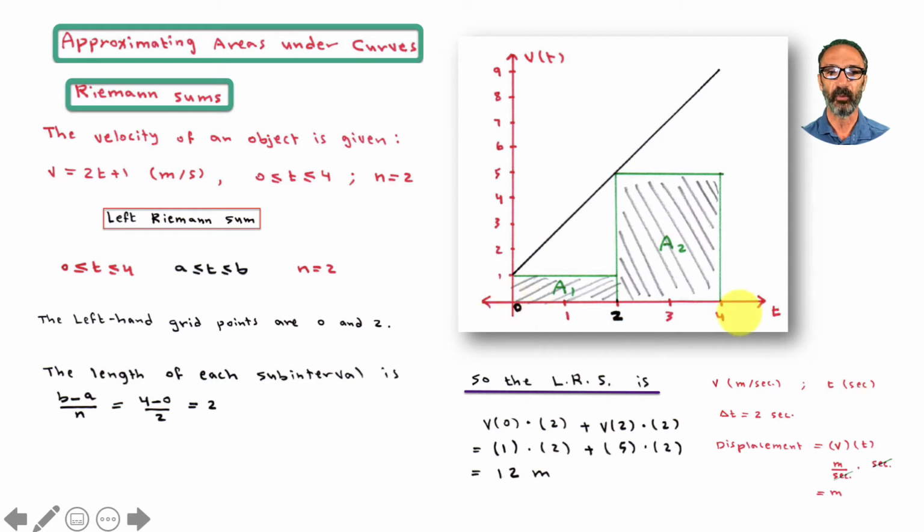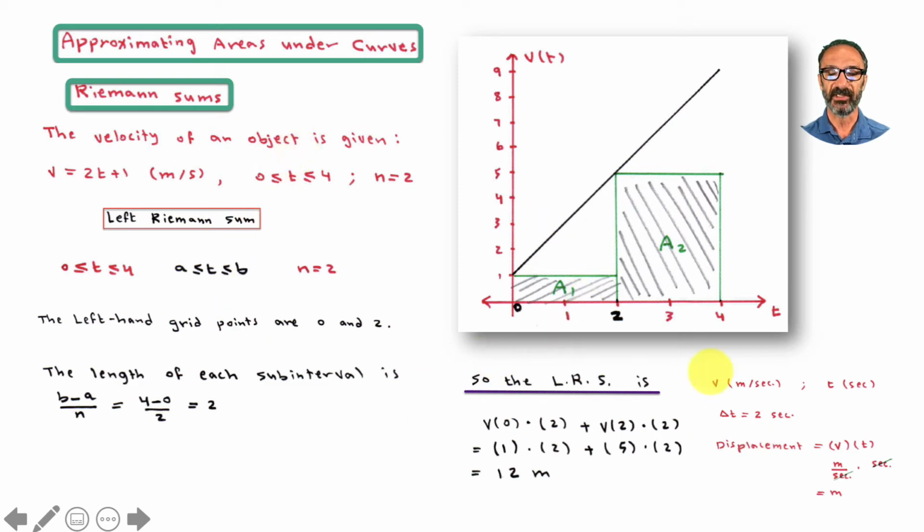When you multiply base times height, you're multiplying the base, which is time in seconds, with the height, which is velocity in meters per second. Paying attention to the units, meters per second times seconds, seconds cancel, and you end up with meters, and that's displacement.